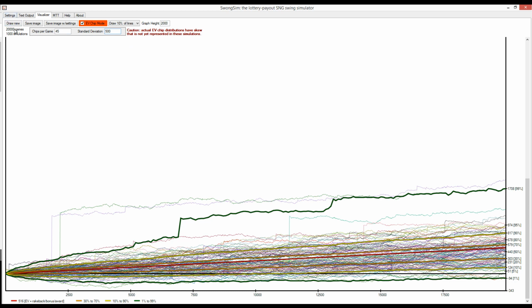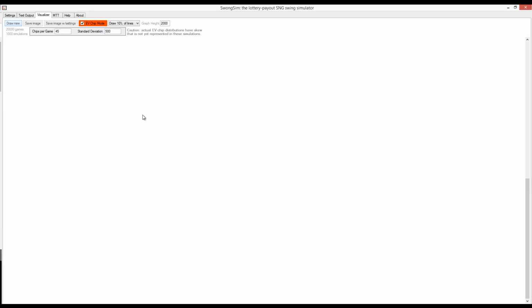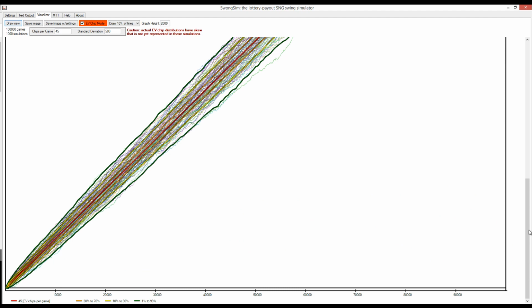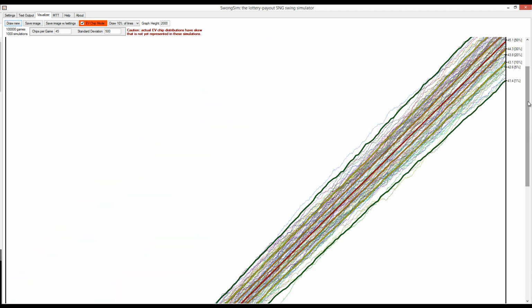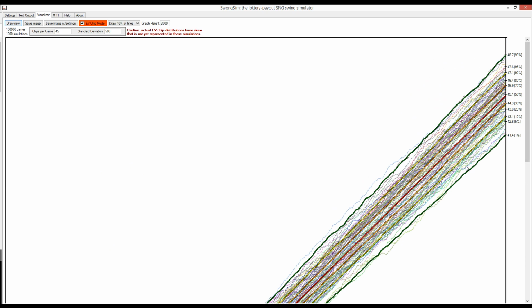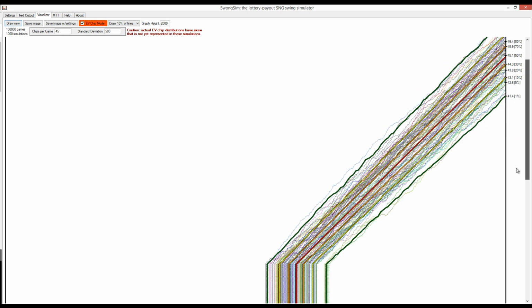And so now we do the chip EV mode simulation on these 20,000 games, and we can see how much better this is. SwongSim will now graph a bunch of chip EV lines. So this is having players play it, and rather than showing you the graphs of their dollar results, this is showing you graphs of their chip EV results.